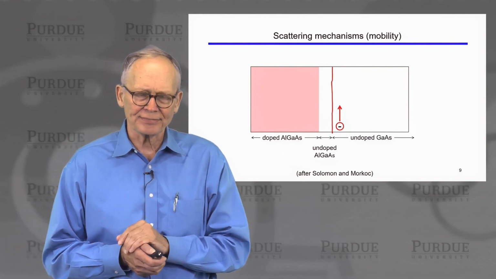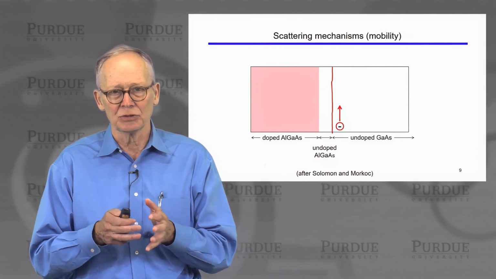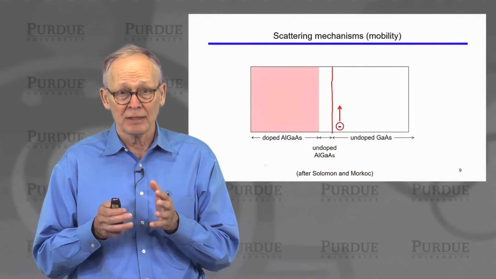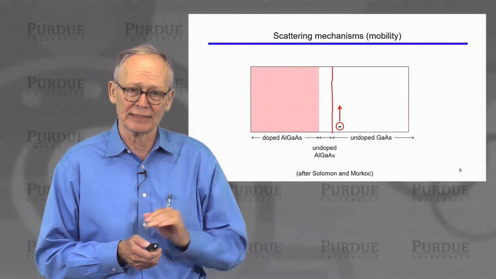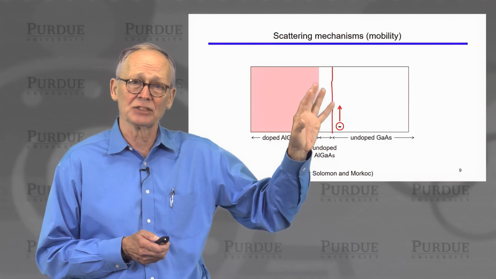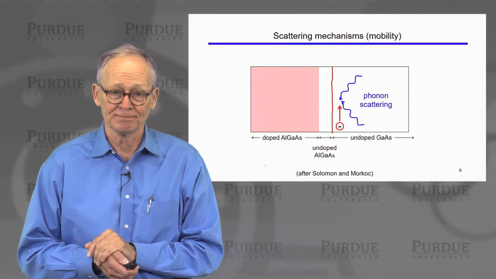That's much different than the interface that you get from an oxidized SiO2 silicon interface, for example. Those interfaces have a lot of surface roughness, which scatters the electrons. These interfaces have a very small amount of roughness at that interface, which helps promote a high mobility.